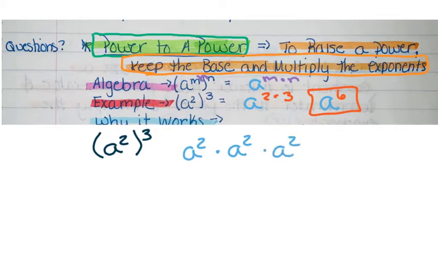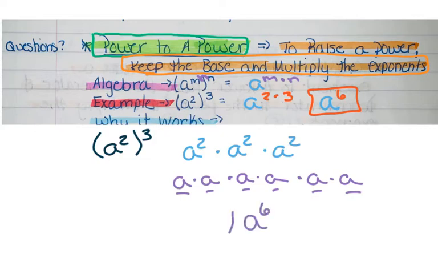If I were to break all of those apart, we have a times a, and then another a times a, and then another a times a. So you can see there's the 2. If we count them all up, we have 1, 2, 3, 4, 5, 6. So this would simplify to a raised to the 6th power. Instead of writing all of that out, the quick way is just to multiply those exponents.